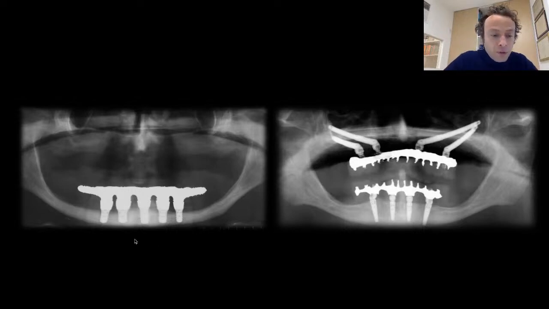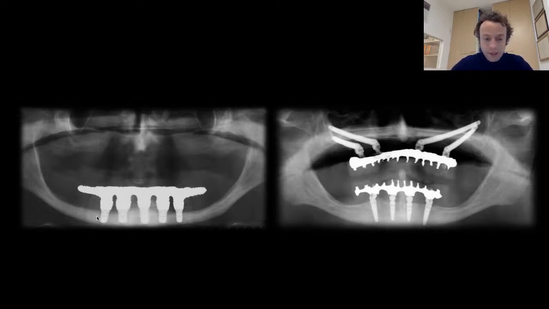Sometimes we also have really borderline situations like this one, where we have a super atrophy in this mandible, and so we are forced to place 5 really short, 6 millimeter implants, that are placed with immediate loading, because in this case, even if the implants are really short, the bone quality is really high.